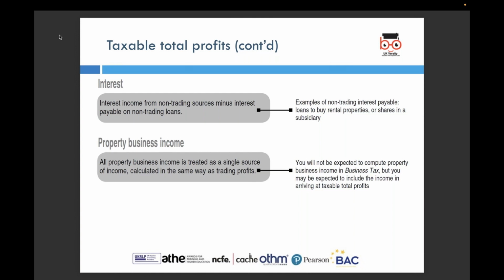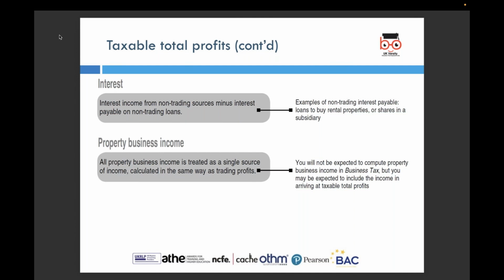So in our last lecture, we discussed the scope of income tax. Income tax is imposed by the government on people's income, wages, salaries, investment, and other sources of income. Then we discussed chargeable gains and capital gains tax liabilities.